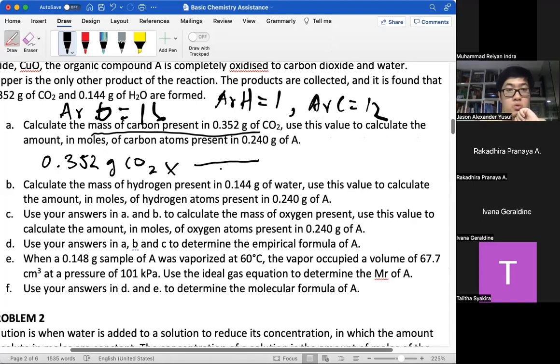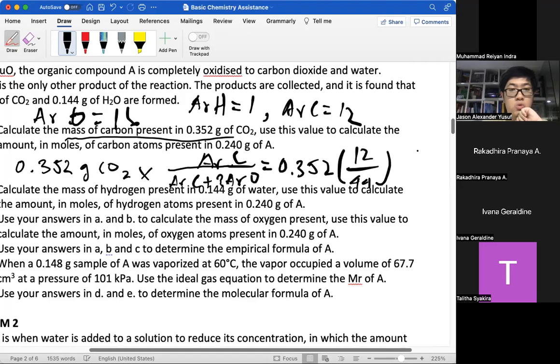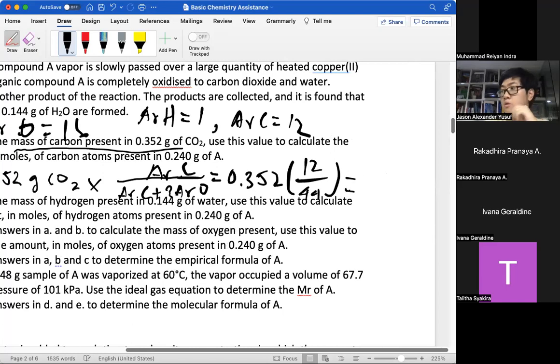So now we're going to do the calculations, which is the AR of C plus 2 times the AR of O, and for the numerator we have the AR of C. So that means this is 0.352 times 12 over 12 plus 32, that's 44, and you will get a value of 0.096. So that's the amount of carbon present.